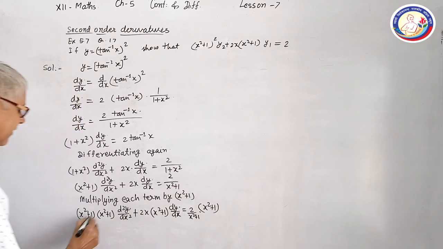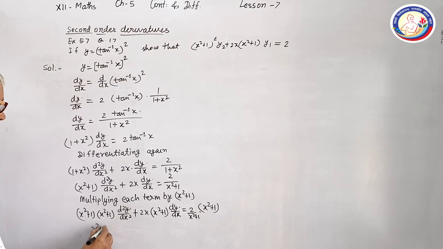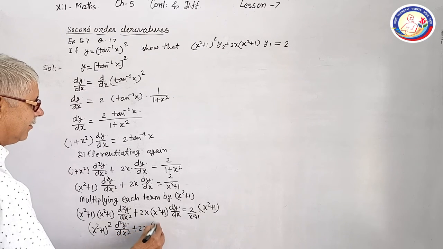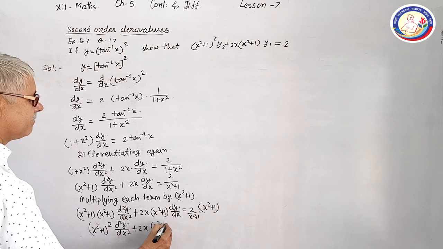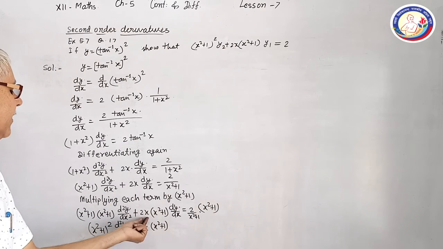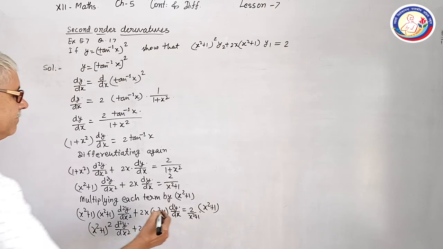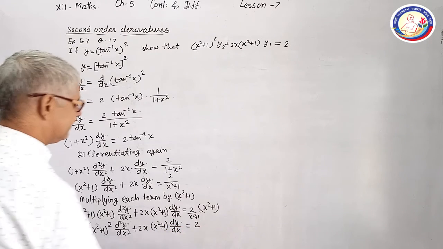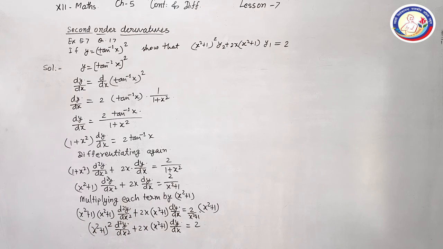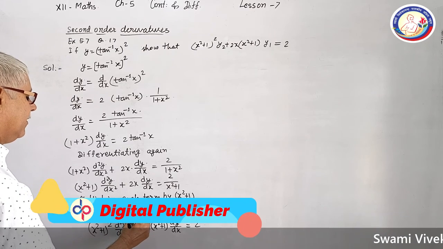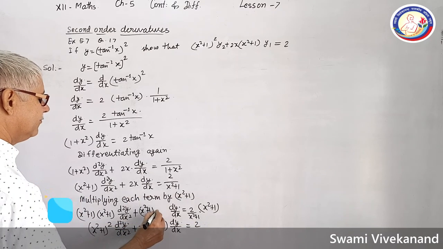On simplification, we shall be left with x square plus 1 whole square, second order derivative of y, plus 2x into x square plus 1. Or you can write it in this way, and then you can change the order. X square plus 1 into 2x.